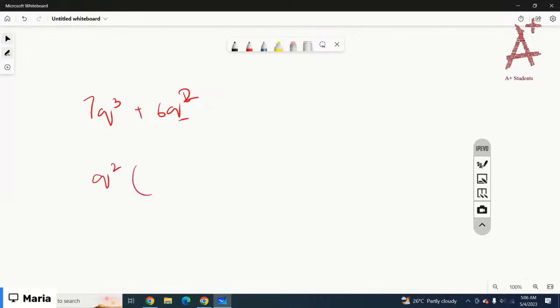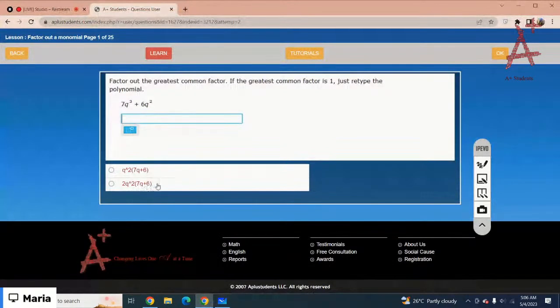Here you have 7 q's, you're left with just 7q. And here you have 6q square, and all the q square are outside the bracket, so you are left with 6. It would be q square times 7q plus 6. Got it?